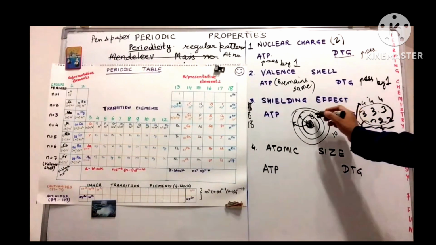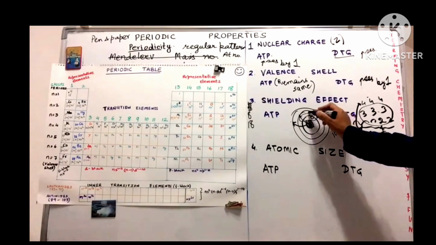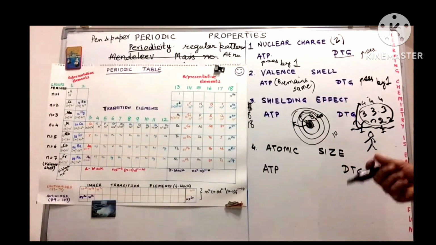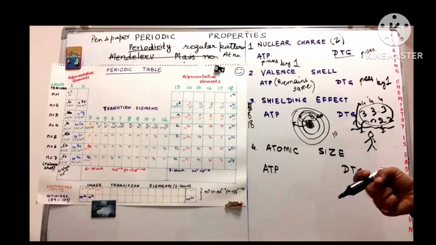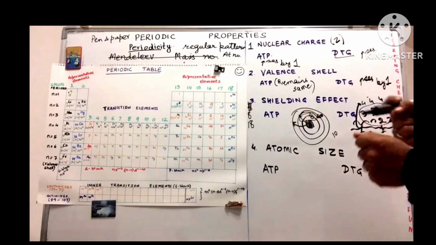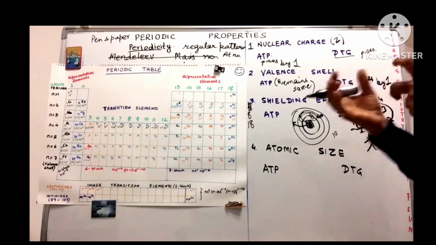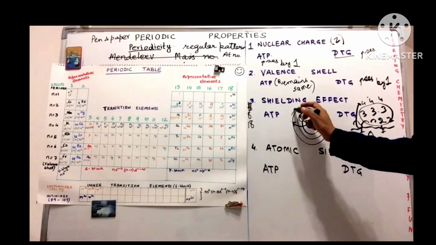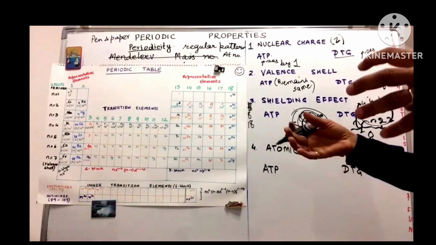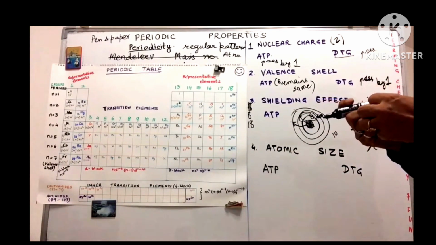Why? Because the electrons in between are vying for attention and attraction. They say, this proton belongs to us, this attraction belongs to us. How can it spread further? So they tend to concentrate the attraction to themselves.